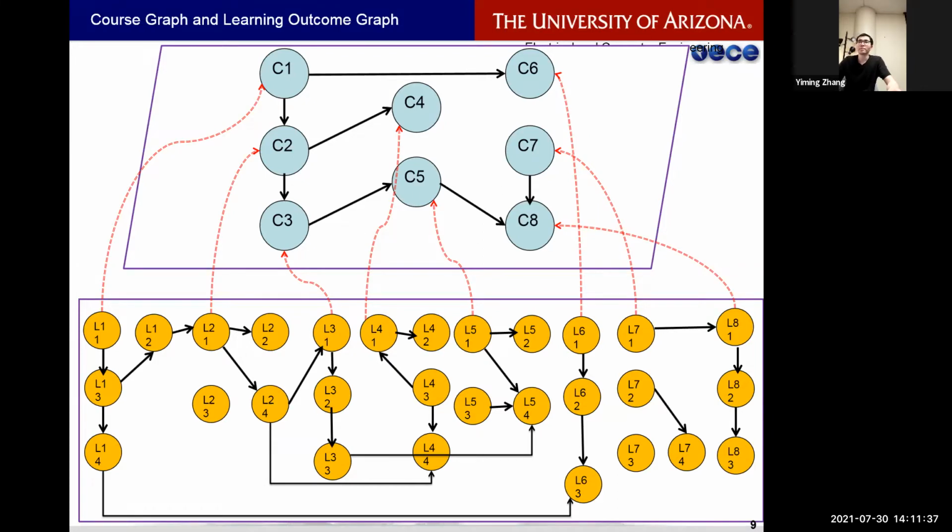To achieve that goal, one way to go is to find the proper way to group the learning outcomes together, so that the number of prerequisites between each pair of groups can be minimized. So our question at this moment is how we can find that proper way, and the answer is by applying learning outcome graph optimization. In the next couple of slides, I will show you the process of learning outcome graph optimization.